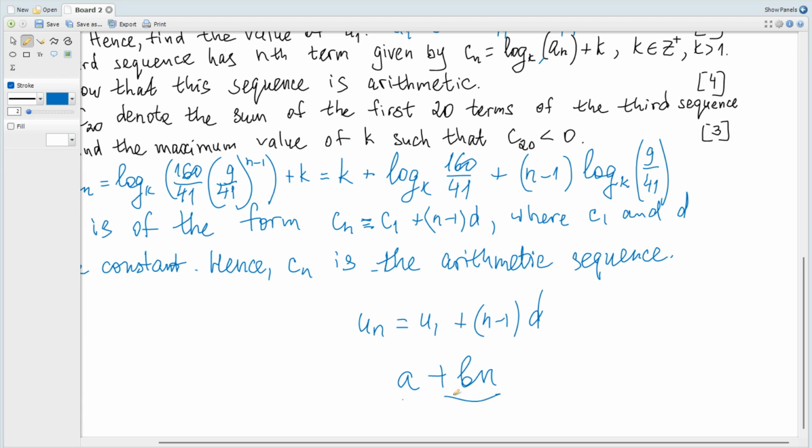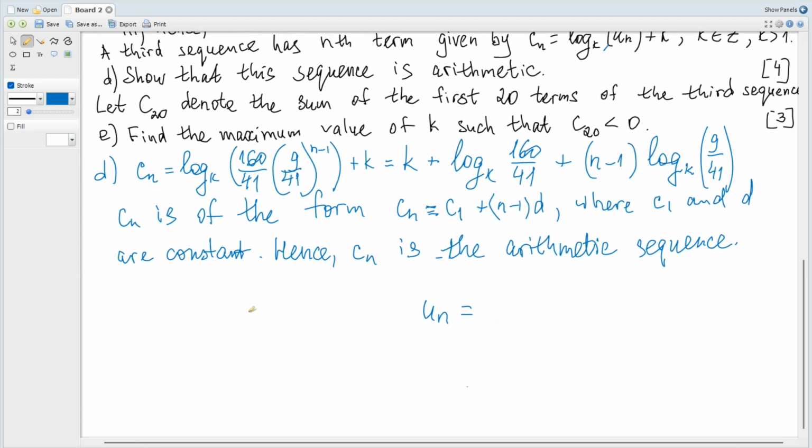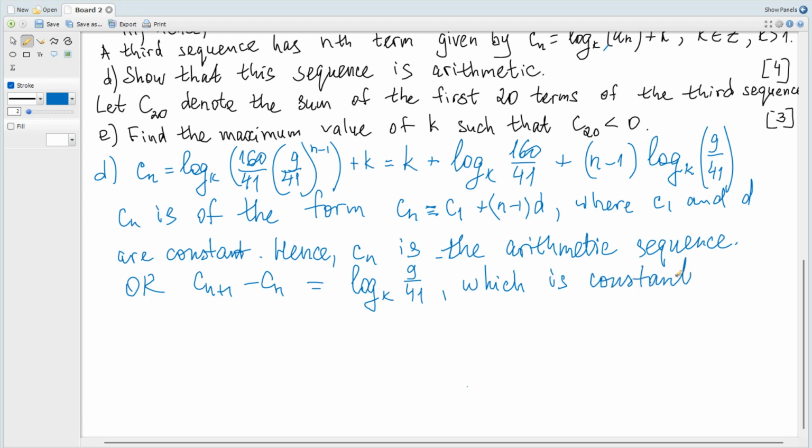It's very important that the common difference is constant, or you may consider the common difference Cn plus 1 minus Cn, substituting n plus 1 for n and substituting n for n. This is the same. We get that it is equal to log to the base k of 9 over 41, which is constant.